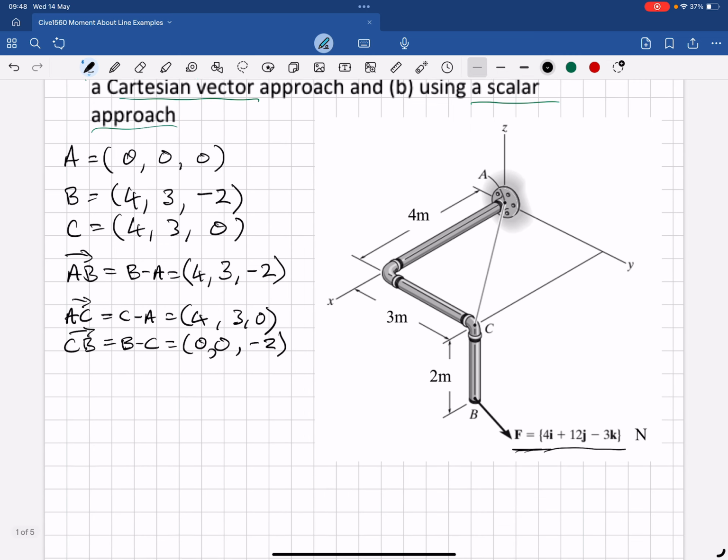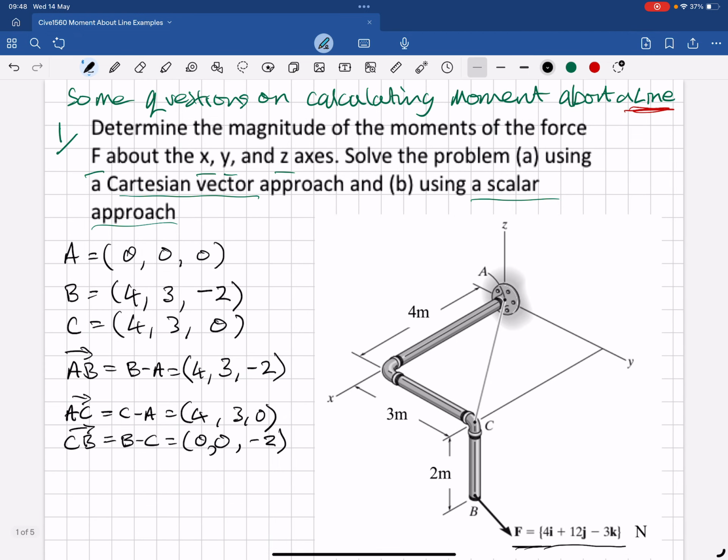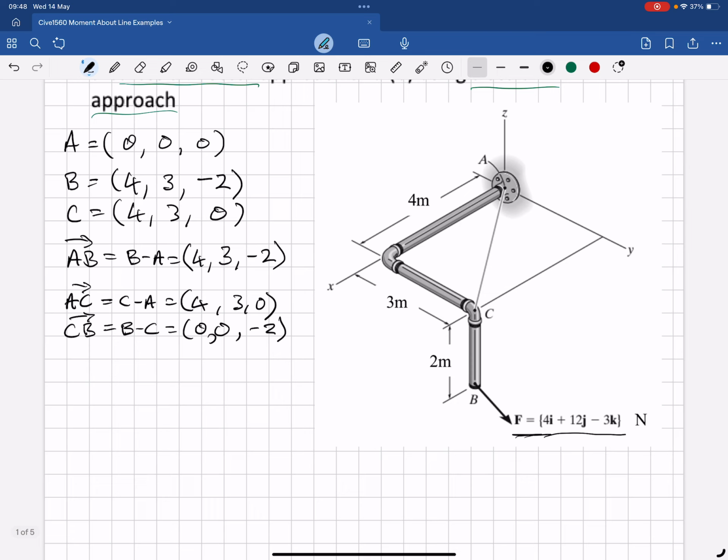So, key to this calculation about the moments about a line is this formula.